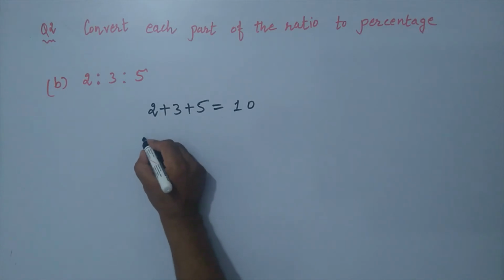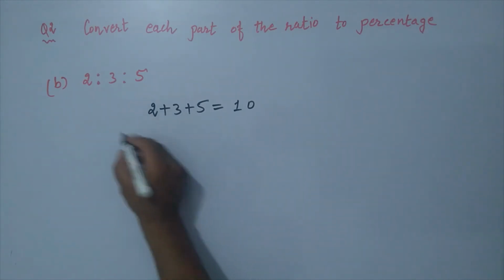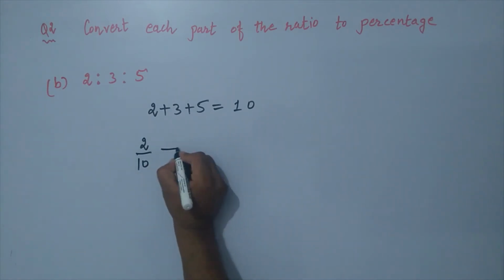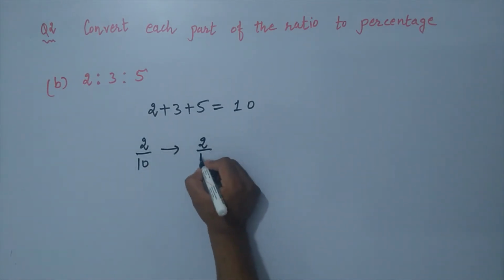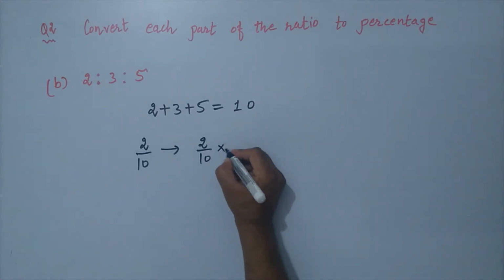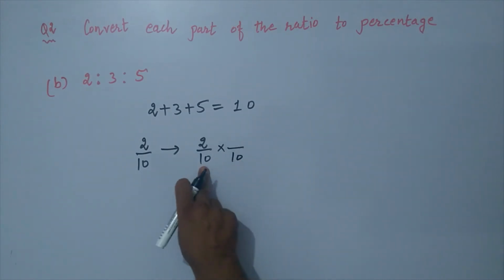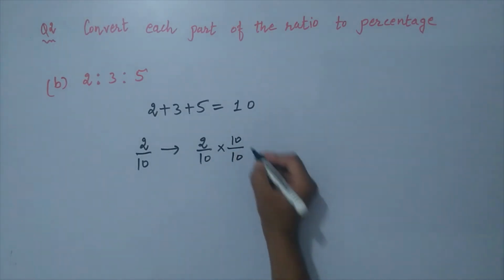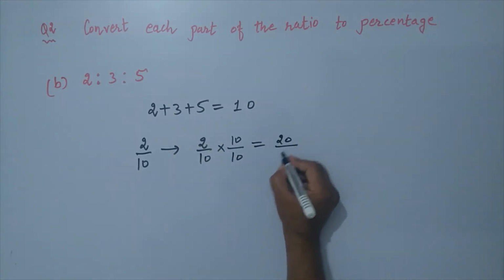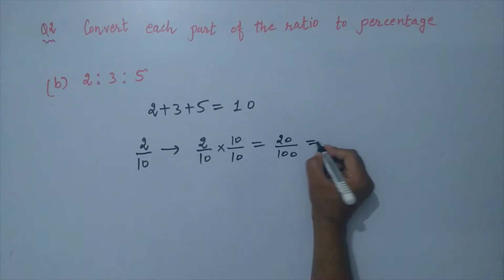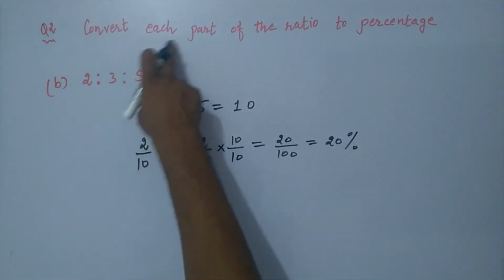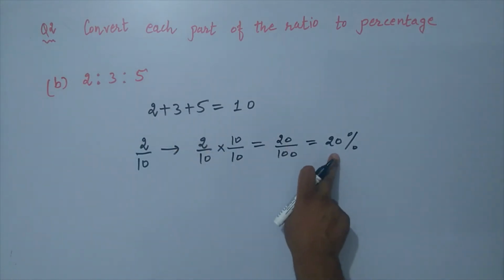So 2 equal to 2 upon 10. In order to make denominator 100, we need 10 more to be multiplied in numerator also. So this becomes 20 divide 100, which is equal to 20%. So first part 2 is 20%.